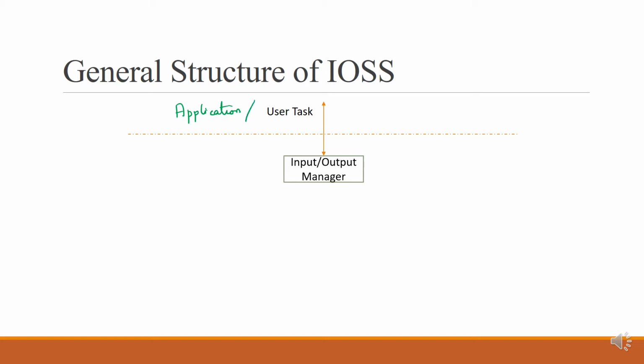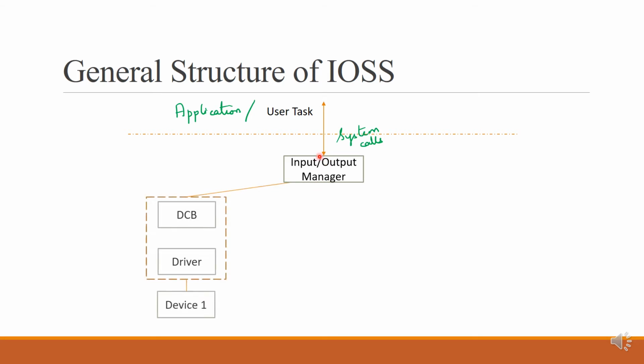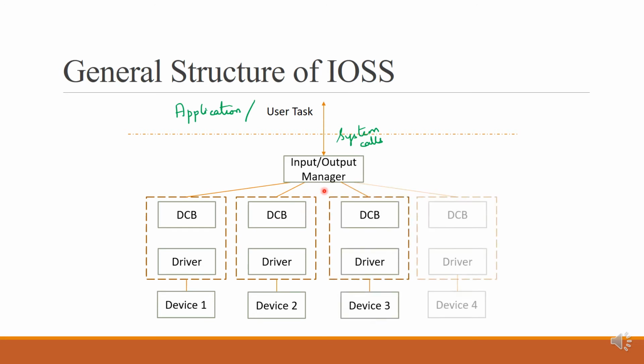So we will get information using system calls. The IO manager accepts the system calls from the user or application task and transfers the information contained here into the device control block. So it transfers information to all the device control blocks present here.